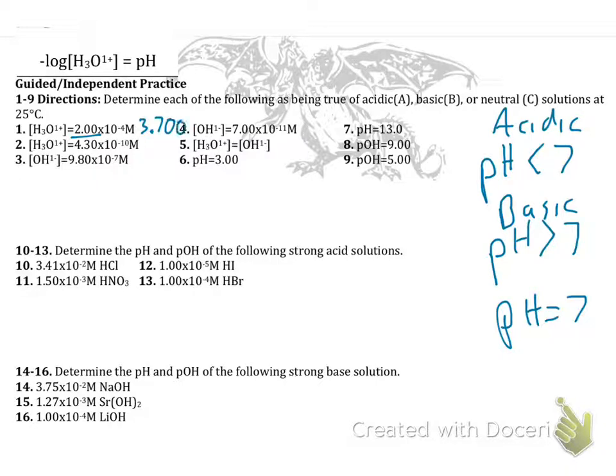So because we have 3 sig figs, we're going to have 3 decimal places. Now, this is 3.700, which happens to be less than 7, so this happens to be an acidic solution.